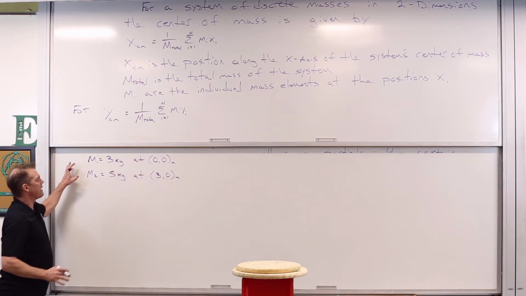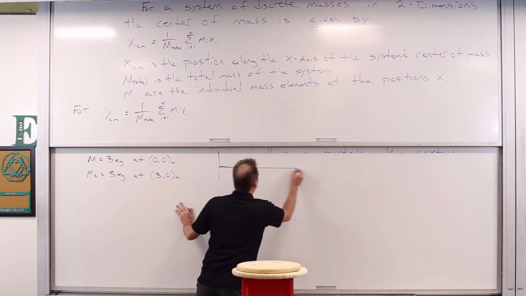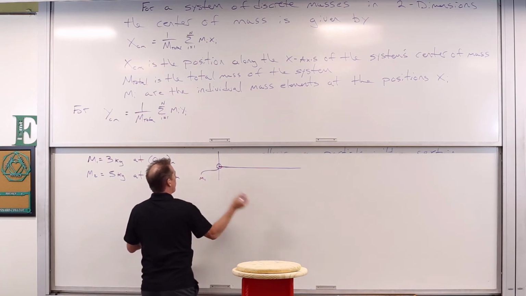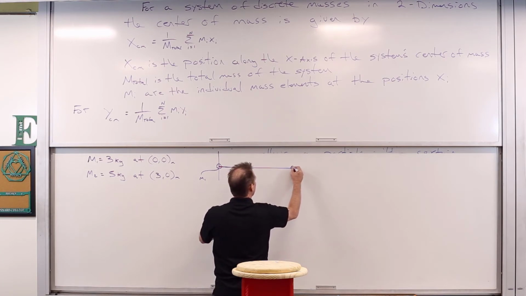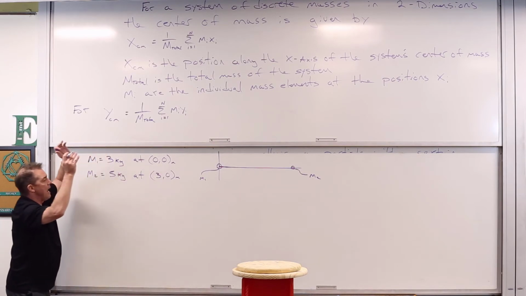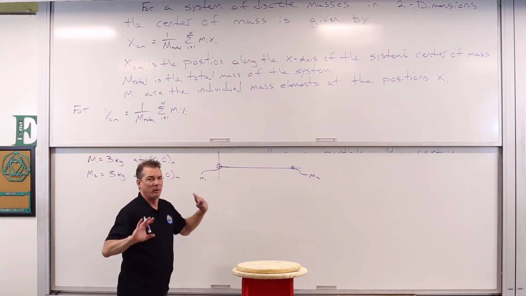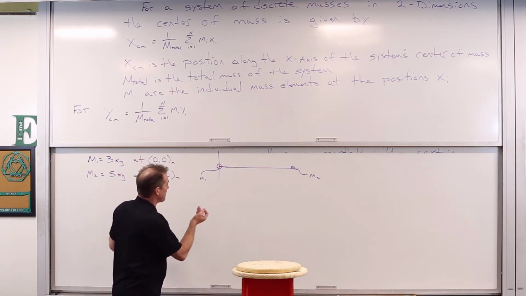So these are point masses that are on the x-axis. There's our M1, and then 3 meters over here, we've got an M2. It's much more massive. If these were not hinged together, but connected together with something that was massless, or I just wanted to say, hey, where's the center of mass of this system?